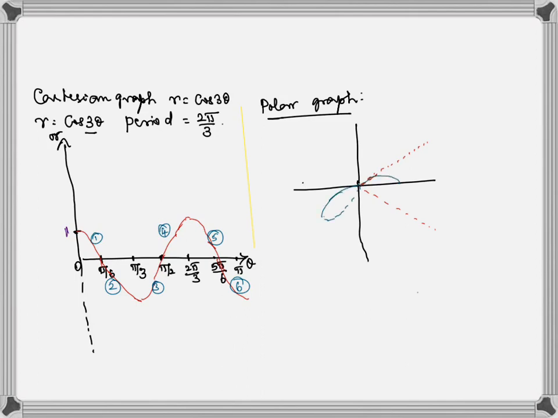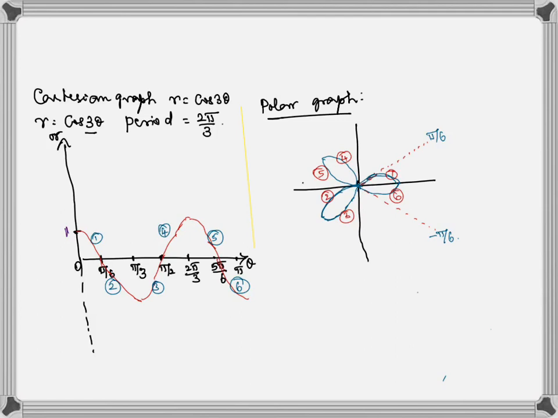So this part corresponds to 1, and then we can mark 1, 2, 3, 4, and translate the Cartesian graph into the polar graph. So 1 is in the first quadrant, and 2 is in the third quadrant, 3 is in the third quadrant as well, and then 4 is in the second quadrant, 5 is in the second quadrant, and 6 is in the fourth quadrant.